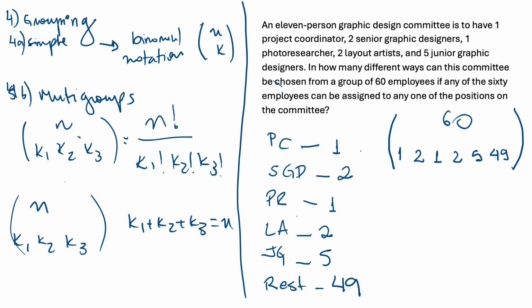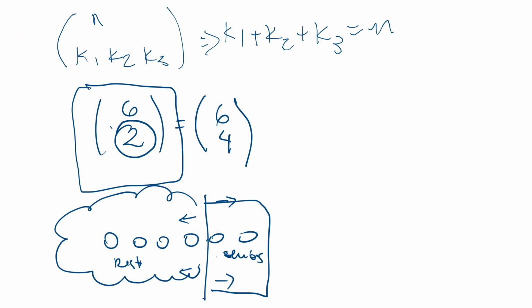Just bringing this up, there is a special property of the multinomial notation: n, k1, k2, k3, whatever k's you have here, right? Kp, I don't know.